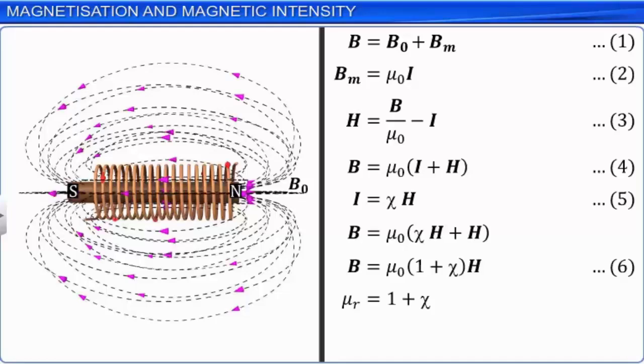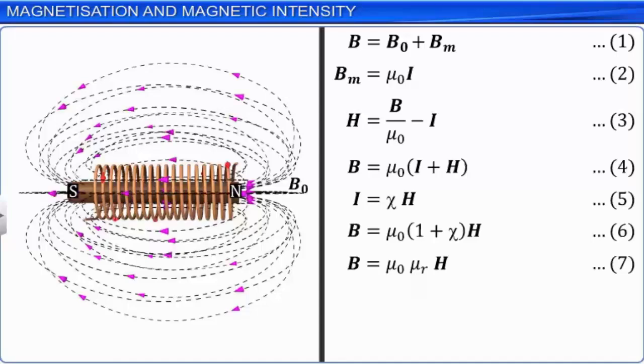On substituting the magnetic permeability of the material mu in equation 7, we get the magnetic field as B is equal to mu H. Let this be equation 8. The three quantities, magnetic susceptibility, magnetic permeability, and relative magnetic permeability, are related to each other, and only one of them is independent. If one of these values is given, the other two values can be determined easily.